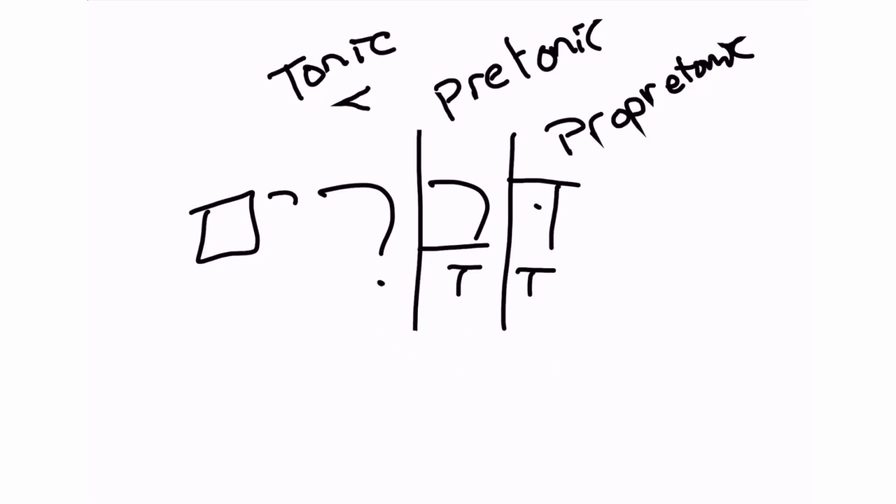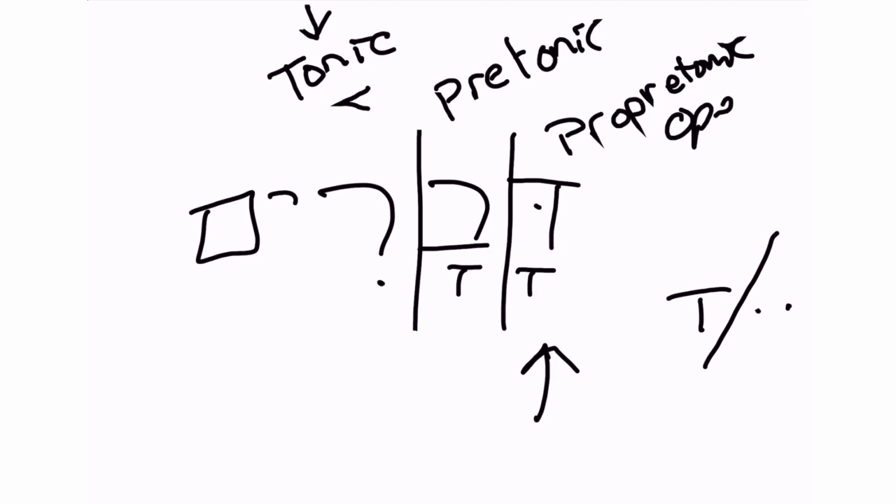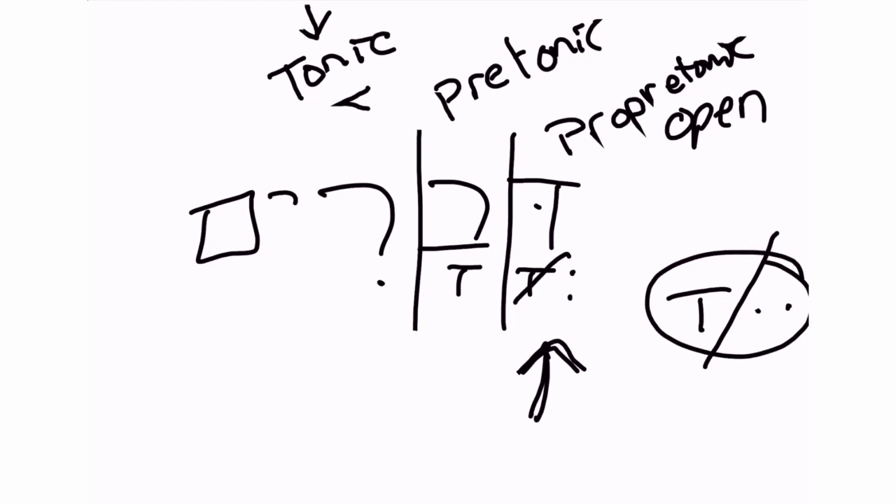If the accent shifts here, you start at the first syllable. If you have a komets or a tzere in an open pro-pretonic syllable, and that's this one, it will reduce. So either of these in an open pro-pretonic syllable, it will reduce to a shva. And that'll be it. So davar will go to dvarim.